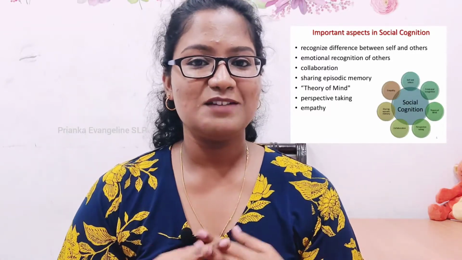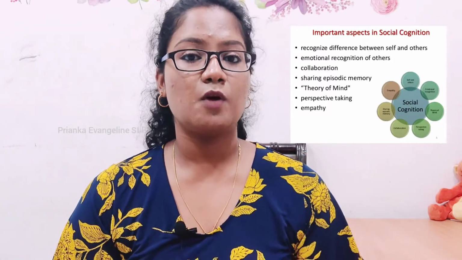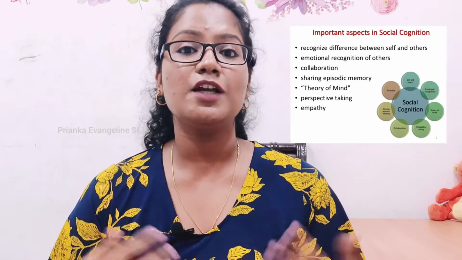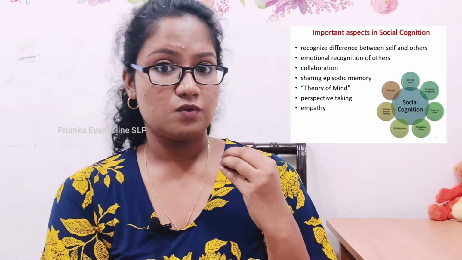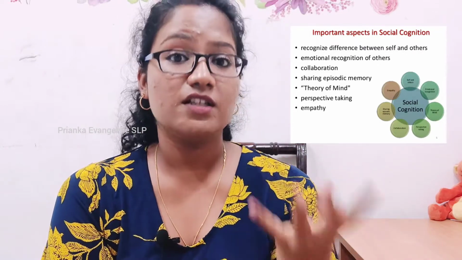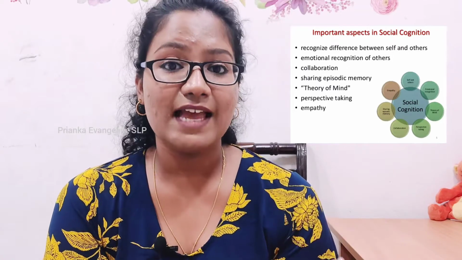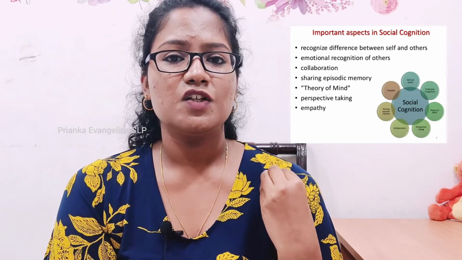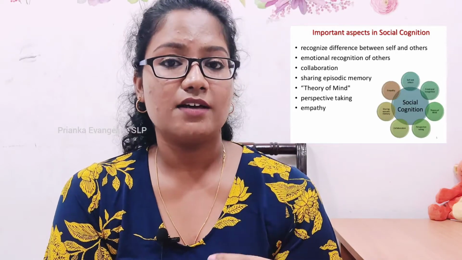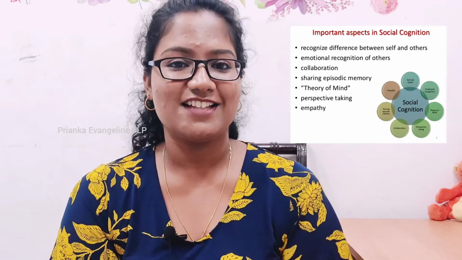If you have been in my parent training programs, you probably know this perspective taking that I talk about often. That is, we have to also be able to see how other people think, what they think, why do they feel this way, how can we help them, and how will I feel if this happened to me. So these are some things that I also target in my parent training classes.